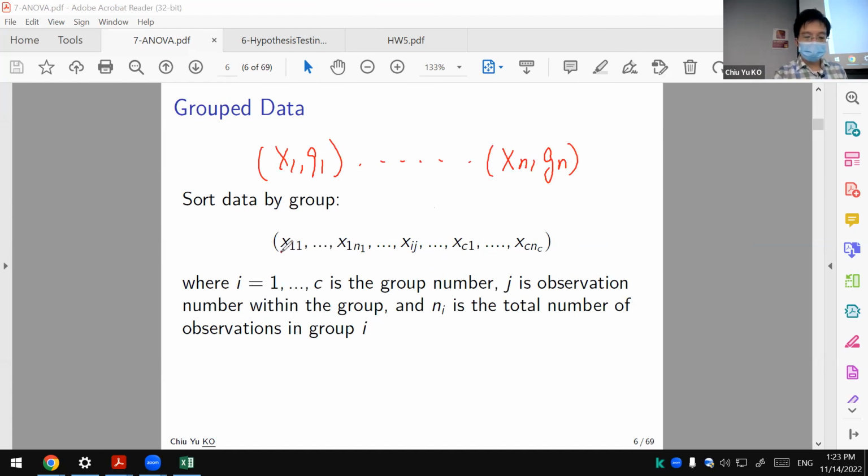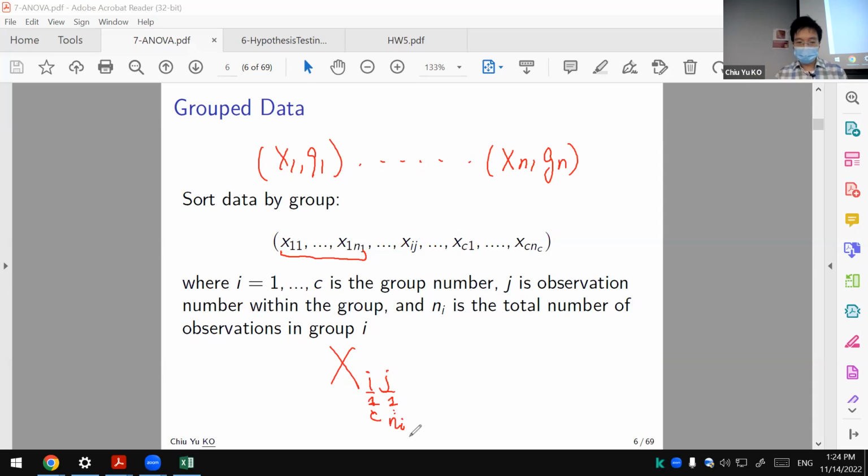So you have data where we have groups. This is group number 1 up to C, and the second subscript is the number of the observation, I and J. J will be from 1 up to N I. Each group will have N I number of observations.